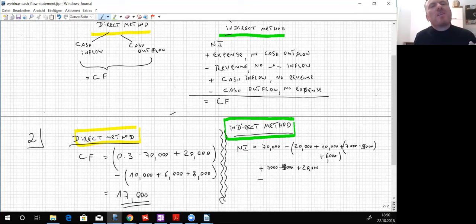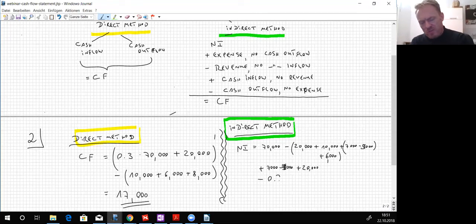Minus revenue that has not been cash inflow, which means, oh yes, we had revenues of $70,000, but only 30,000 really came in in the same period. 70% of 70,000, which means 49,000 euros, have been revenues, but no cash inflow.